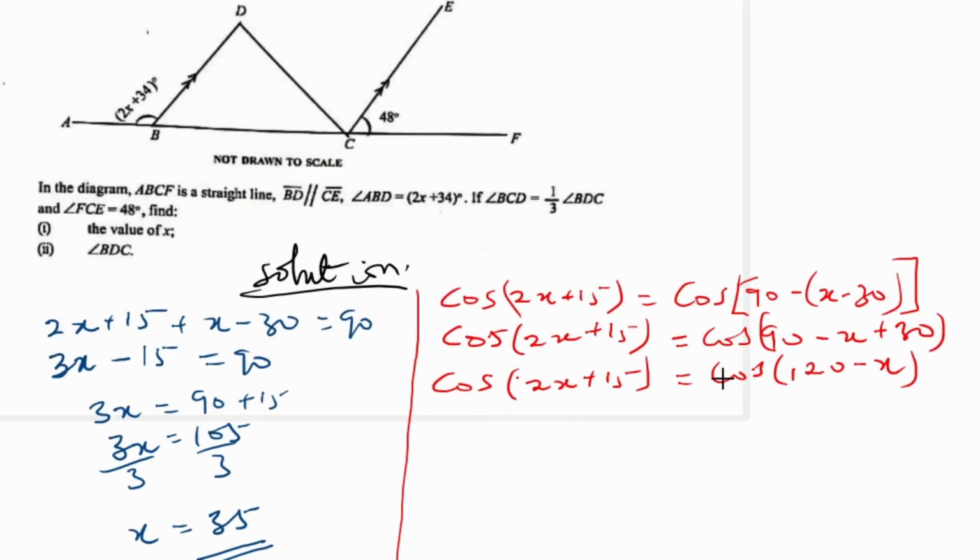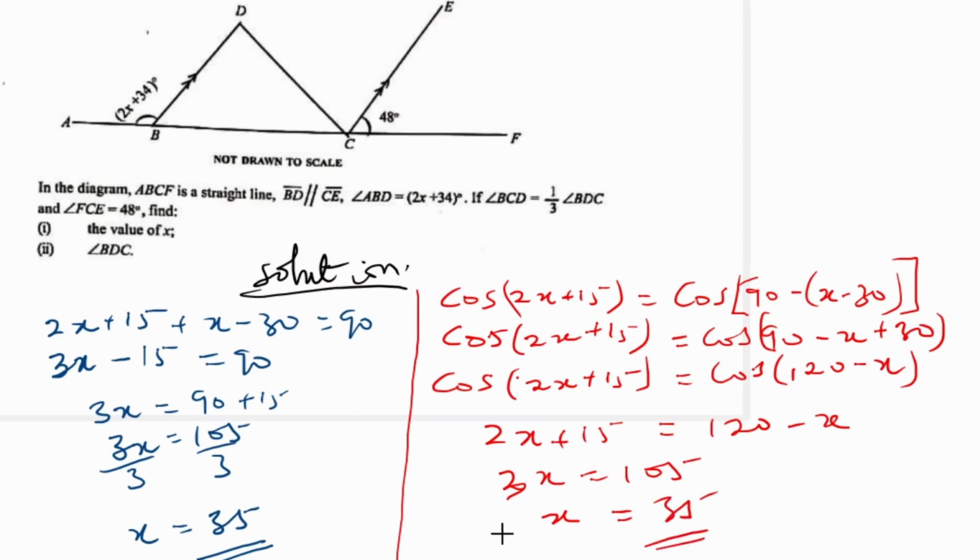And taking cos inverse of both sides, we are going to have 2x plus 15 to be equal to 120 minus x. Grouping like terms, you're going to have 3x equal to 105. Dividing through both sides by 3, x will be equal to 35, which is the same as this one. So it depends on whichever way works for you, and you are good to go.